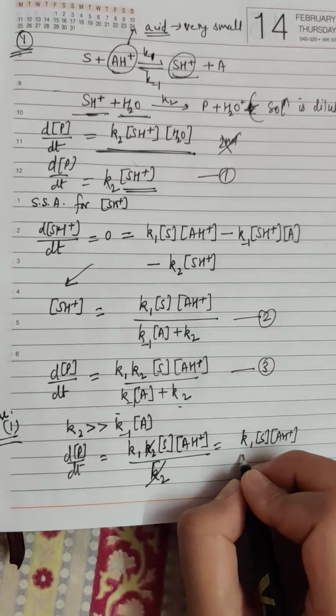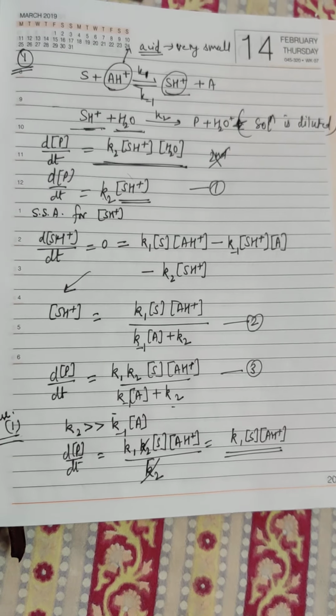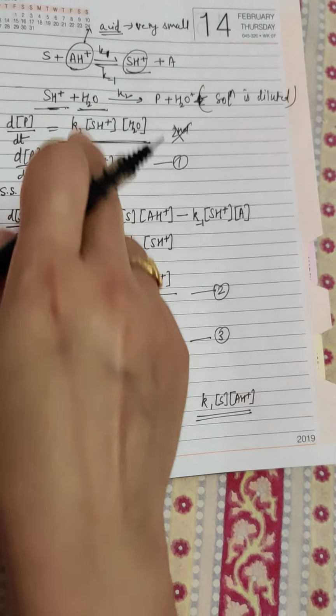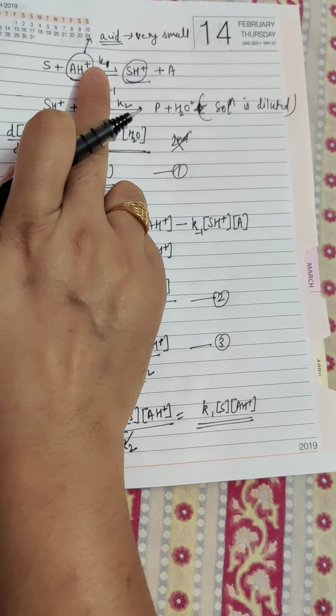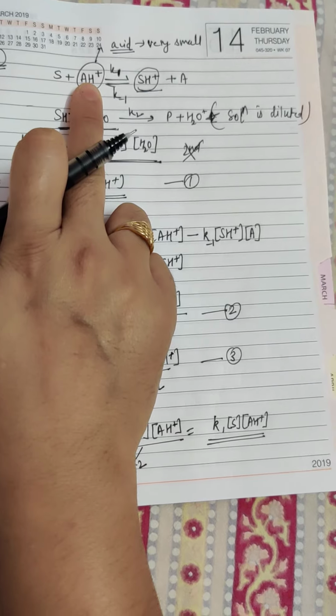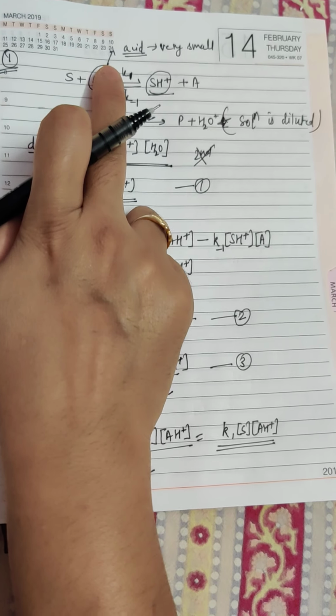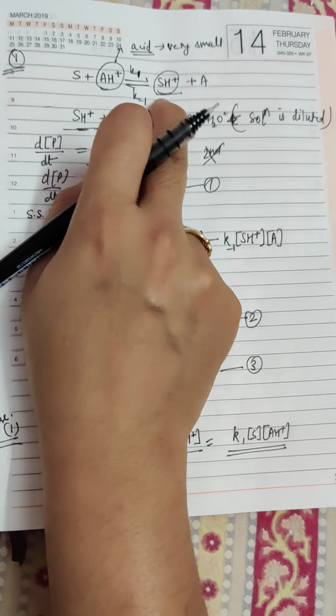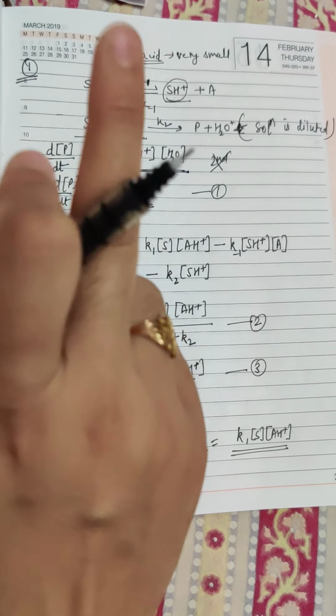Alright, now what was this term? This is acid. Here in this case we have taken acid as AH positive, so don't get confused. This positive sign I have intentionally put here so that I can show the shift of the proton.